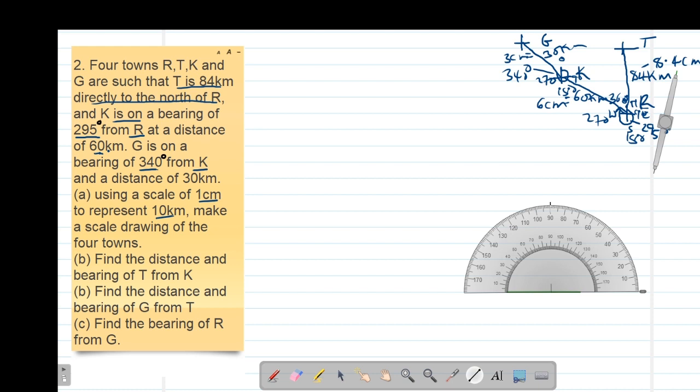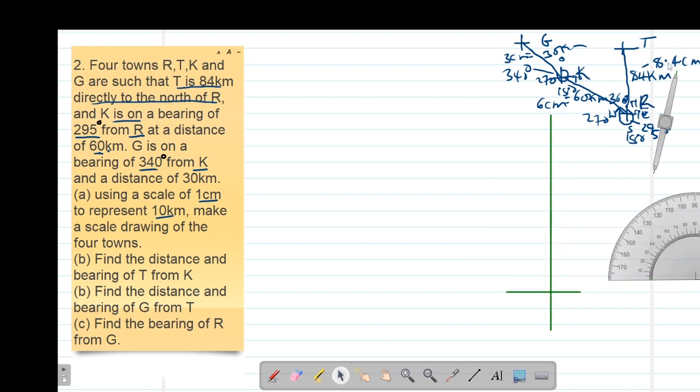So 90 is exactly somewhere here. So I'm going to connect it to this particular point. Then I need more space on the upper side. So let me try to make this line longer, because I can see from the sketch point T is on the upper side. Then from this particular point, this is what we are calling our point R.